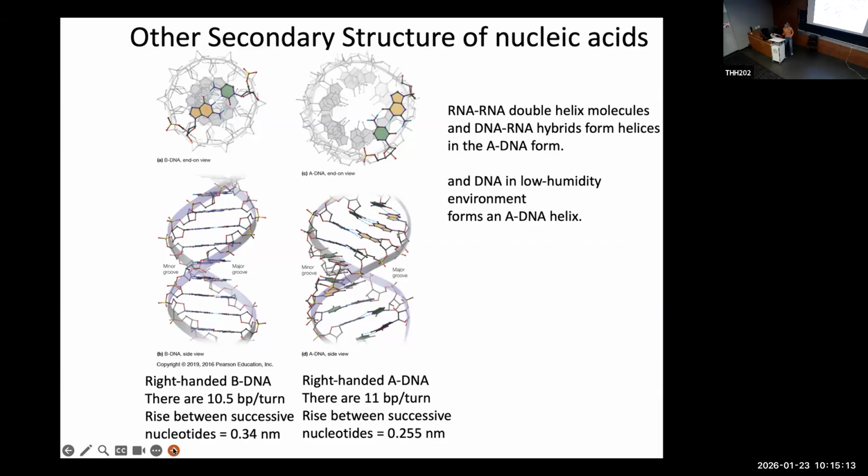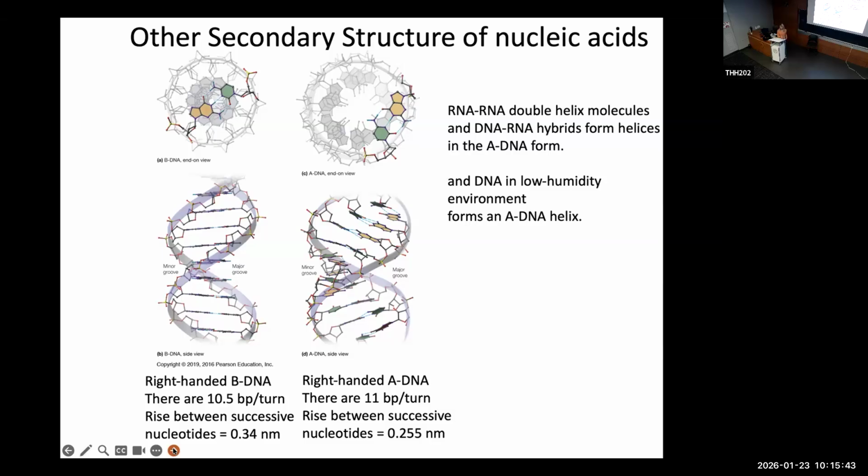So what we think of as double-stranded DNA really is called B-DNA, and it is a right-handed helix. It's right-handed because as the DNA twists, if the direction of the twist is towards our thumb, it is twisting in a right-handed way, going up, not in a left-handed way.